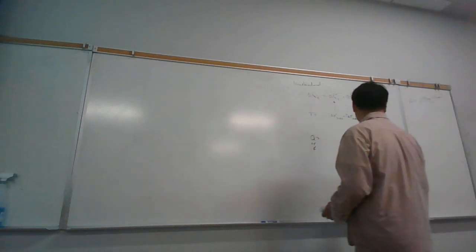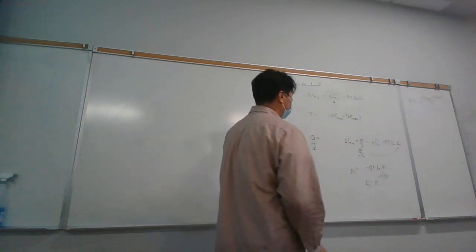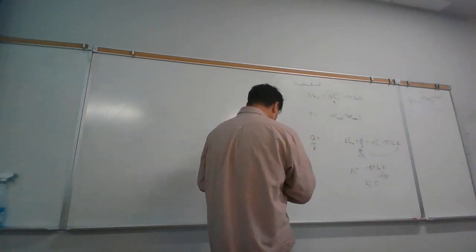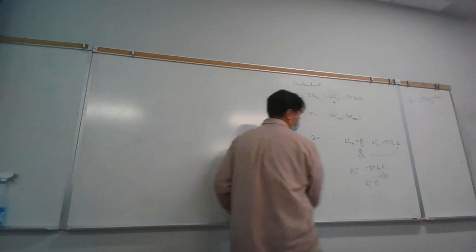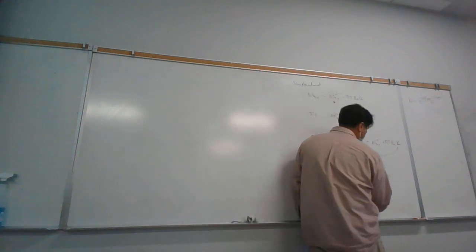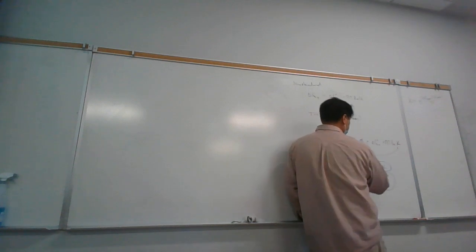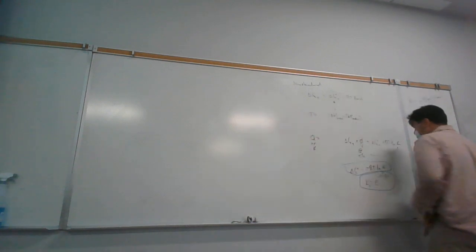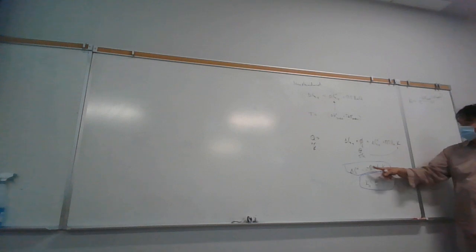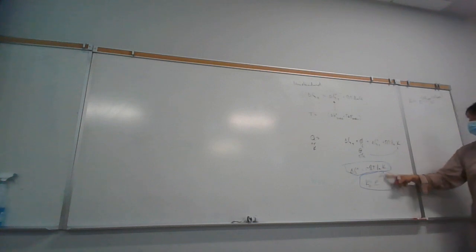Sometimes we just leave it in terms of ln K. And so these are some equations right here. So with this equation, if we're given K, we can figure out what delta G naught is, or if we're given delta G naught, we can figure out what K is.